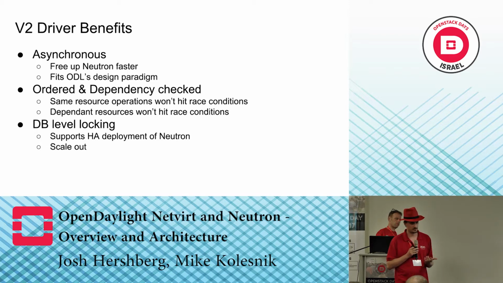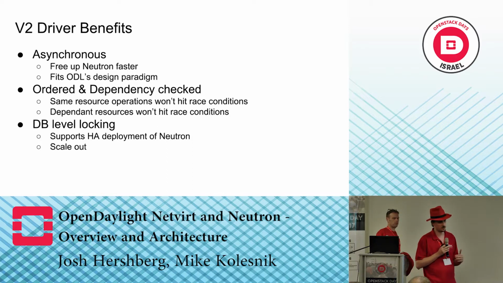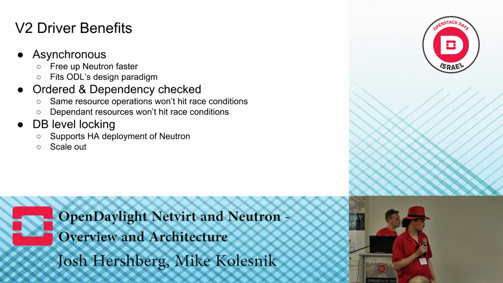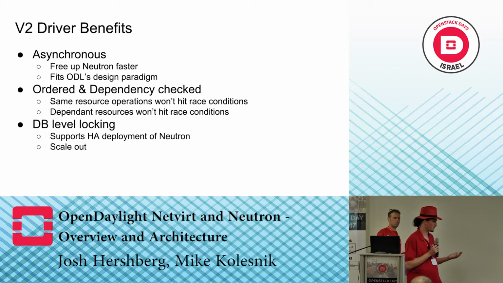And we also have dependent resources handled. If you have a network and a subnet and a port, they all get handled in the correct order. And for supporting HA environments, we have some sort of DB level locking. This allows us to scale out, add more servers to the pool.